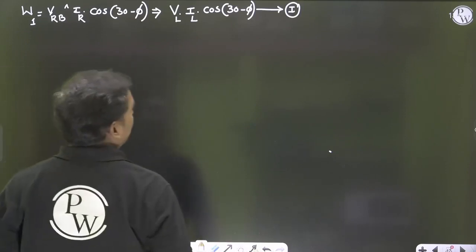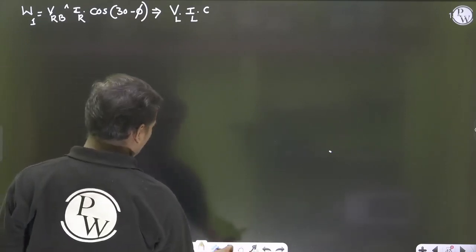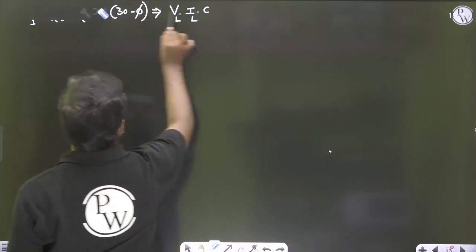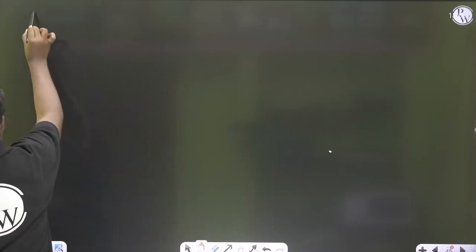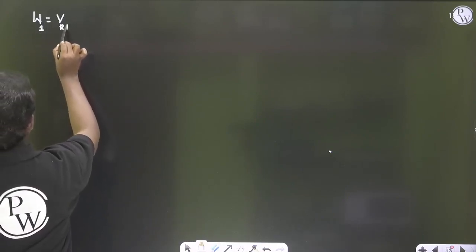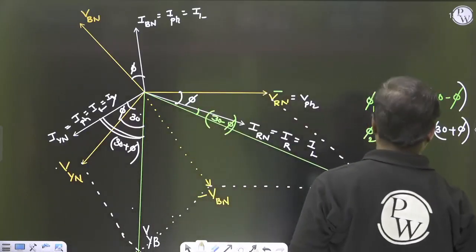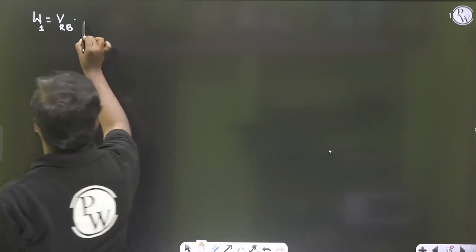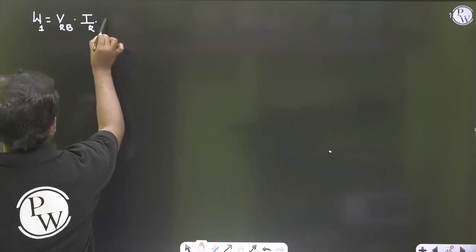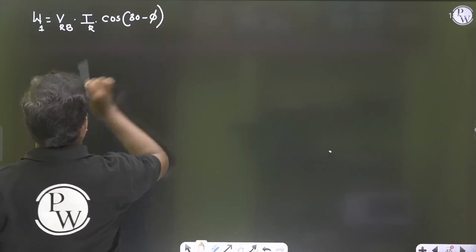Next, let me draw somewhat down, because it's going to the very edge. W1 is equal to VRB into IR cos of 30 minus phi.